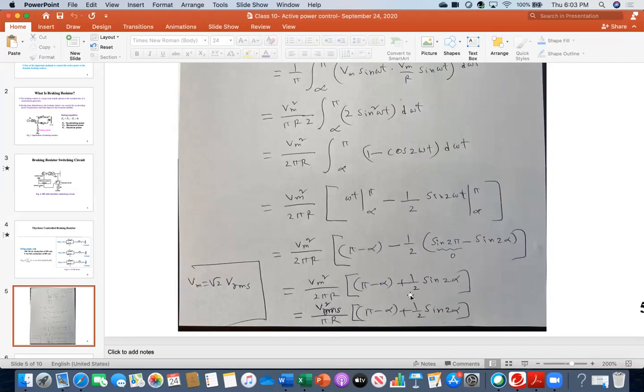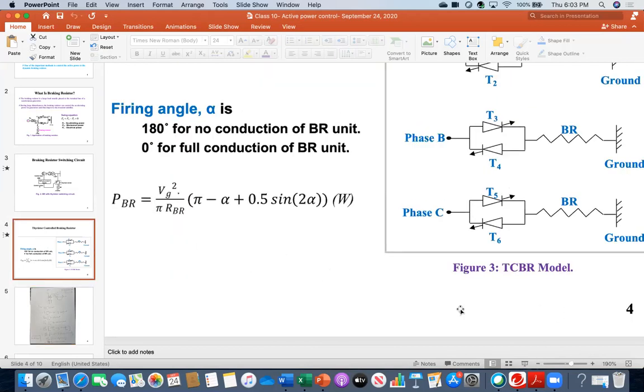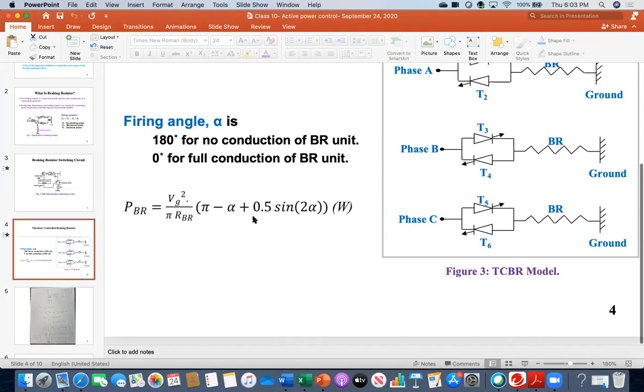So this is the equation that I wrote down here. This is that equation. Here I have used the symbol V, but just remember this V is the RMS value. And R is the resistance, and alpha is the firing angle.